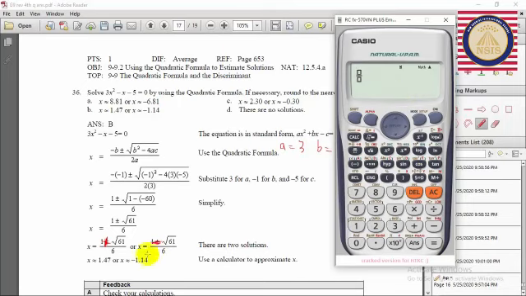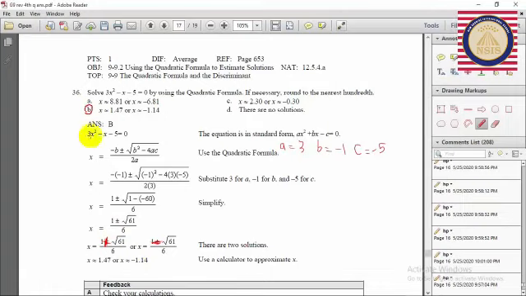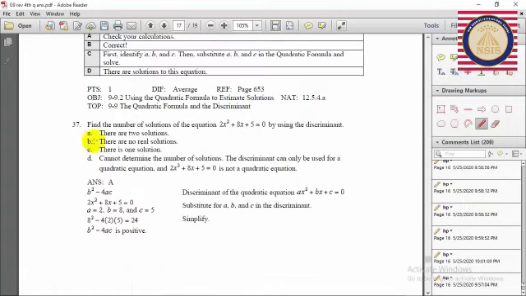Then the other value, 1 minus square root 61 over 6. So it will give me what? Negative 1.14, where 5 will approximate the 3 to be 4. Very good. Which is B. Very good.